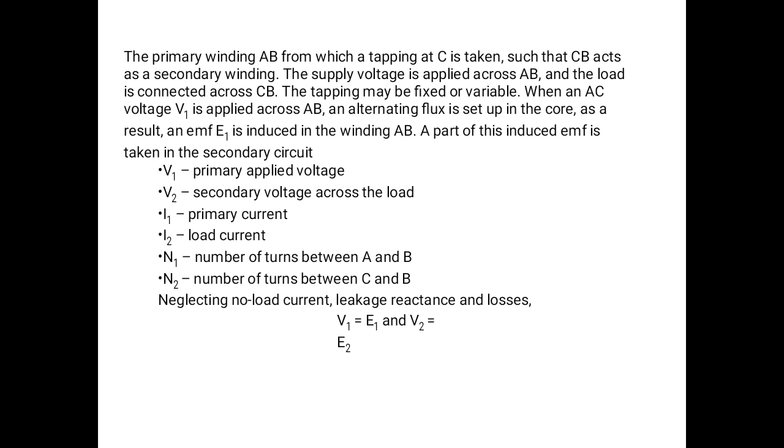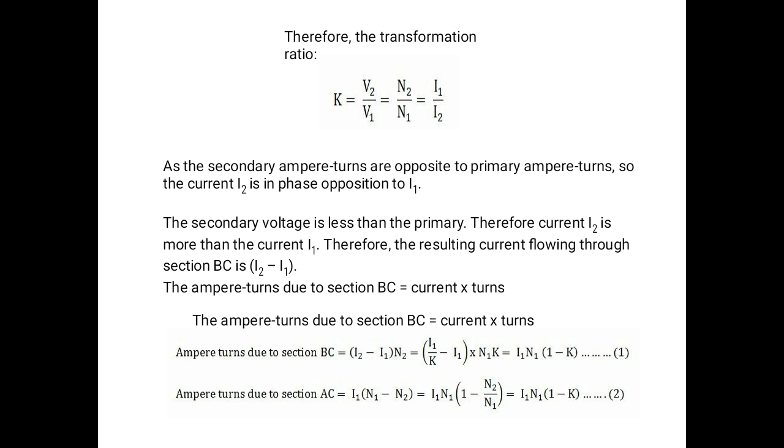If there are no losses, then EMF induced in the primary winding is equal to the terminal voltage V1 or source voltage. Similarly, terminal voltage V2 is equal to the induced EMF in the secondary winding, that is E2. Therefore, the transformer ratio K is equal to V2/V1, that is N2/N1, or I1/I2.